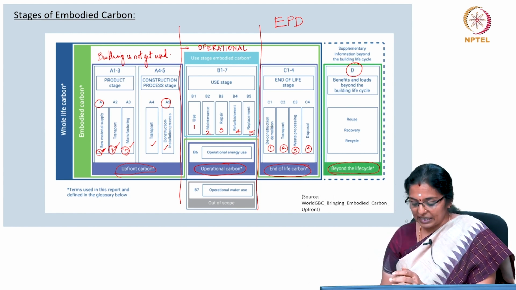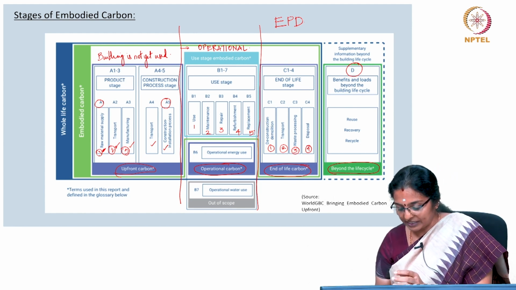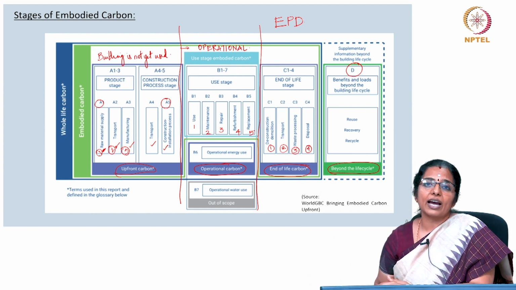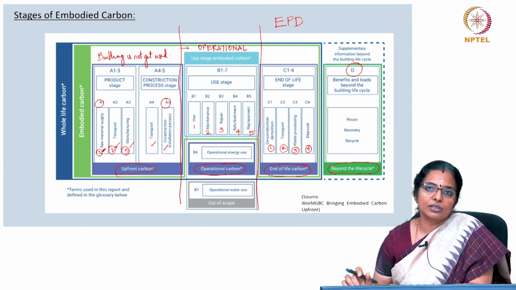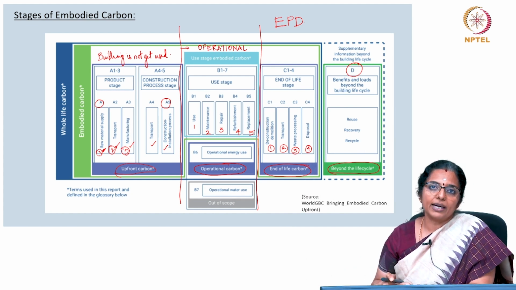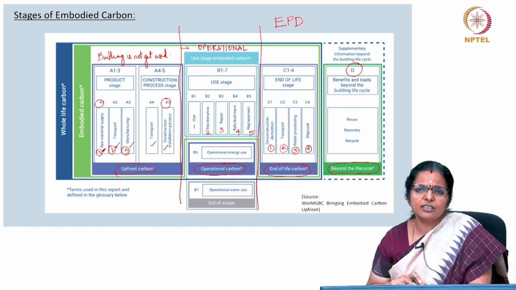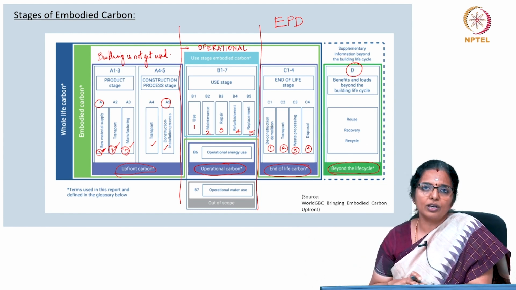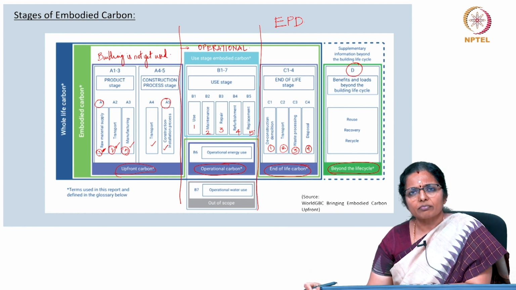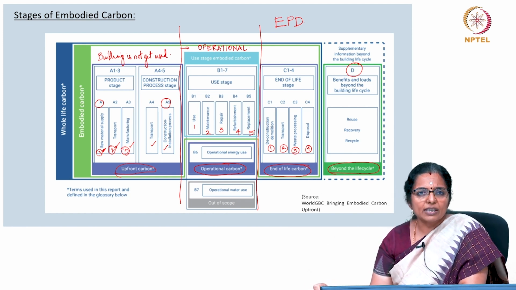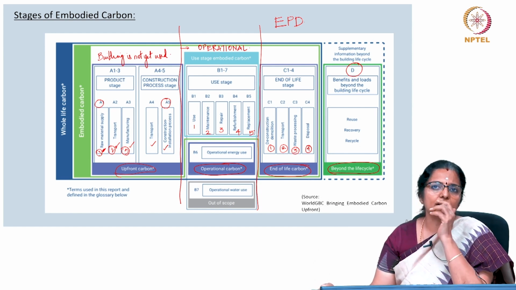Assumptions used in the LCA study for different life cycle stages are available. The rules of calculations are also available. So, all this is available in EPD, and that is the future because right now European standards adhere to what EPD says. So, I think we will stop with this and I will summarize quickly whatever we have learnt.